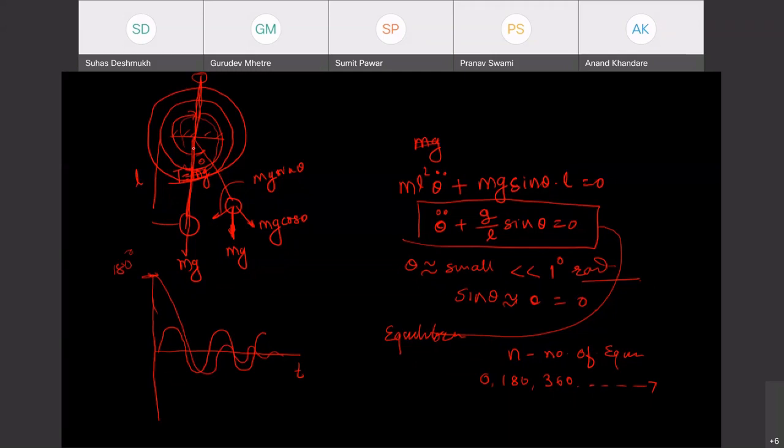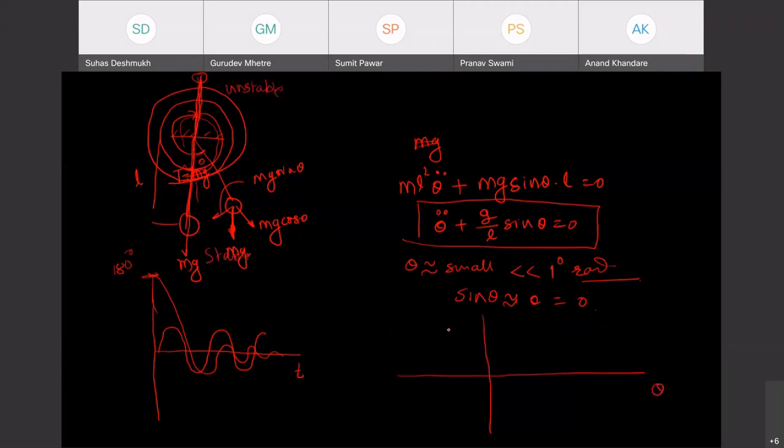Here I have, this can be quite easily shown on axes. On one axis I'll put theta, and on the other axis I'll put theta dot, the velocity.